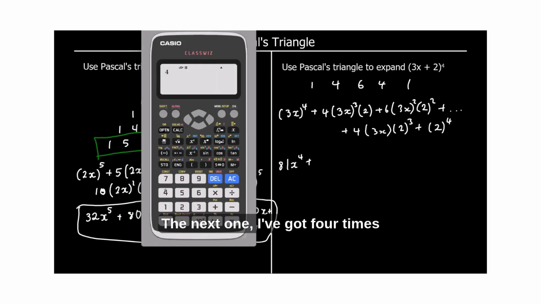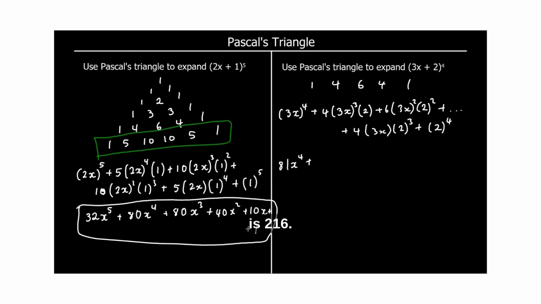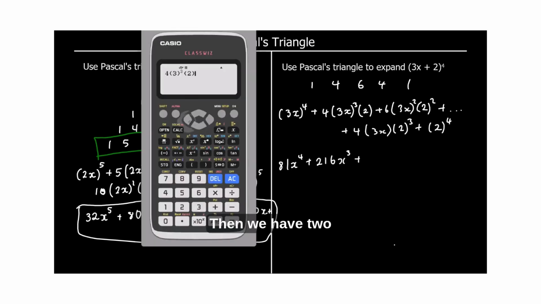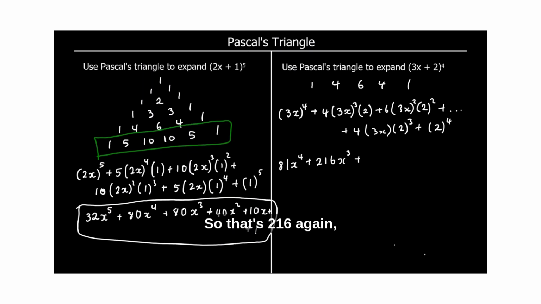The next one, I've got 4 times 3 cubed times 2, which is 216. So 216, and that's my x cubed term. Then 3 is squared this time, and the number in front is 6. So that's 216 again, and that's x squared.